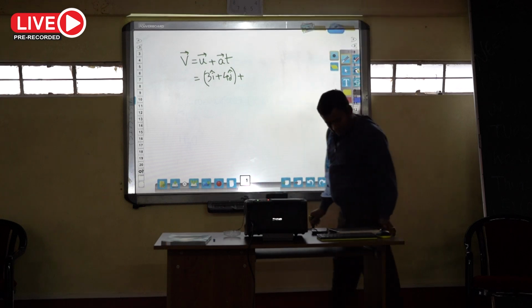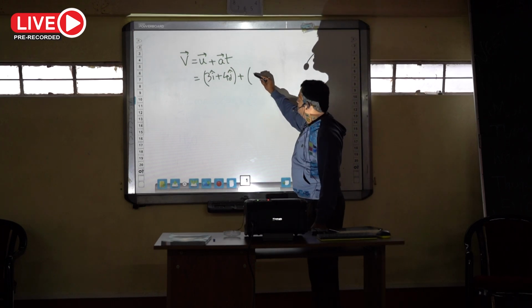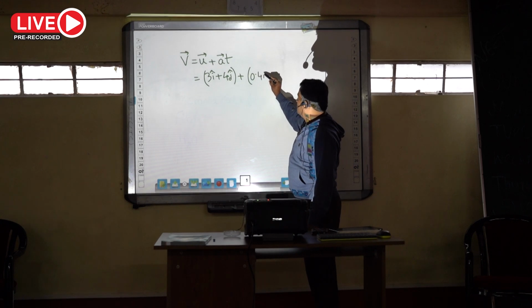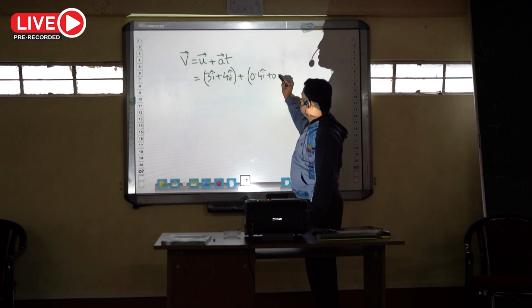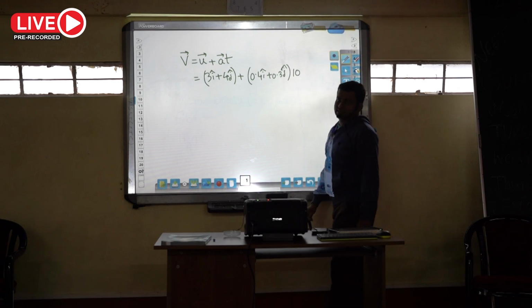This A is given as 0.4 i cap plus 0.3 j cap. And this is given as 10 seconds.